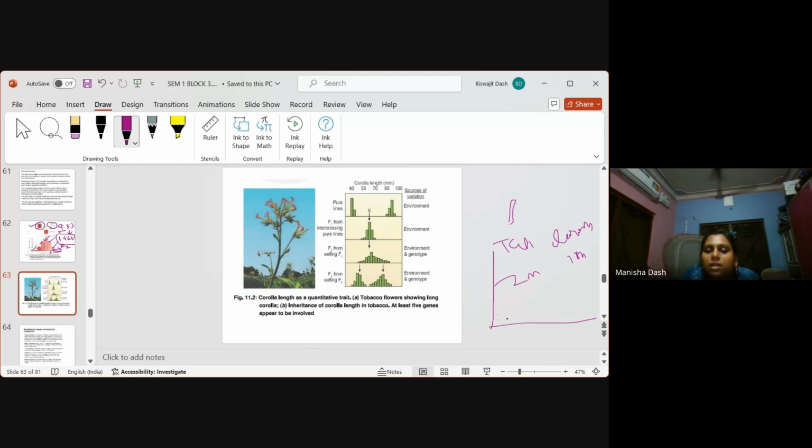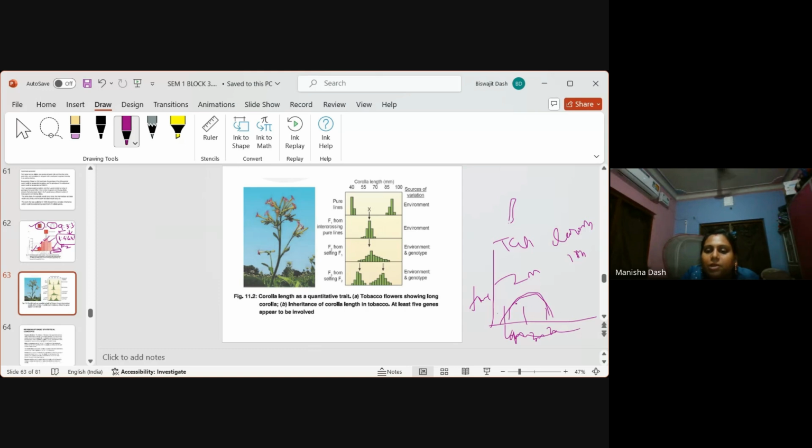Like there is 4 meter, then slightly less, 3 meter, then 2 meter, like this. Okay, so there is a continuation of the character. So when you draw the graph of frequency against the trait, you will have a bell-shaped curve like this for a polygenic trait.